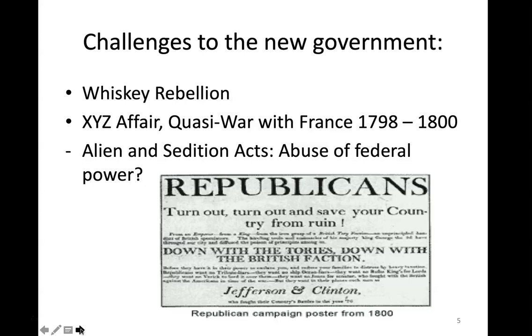Okay, so you also see the XYZ affair there listed. And that is because John Adams, who was the president during this time, in order to be involved in diplomatic talks with France about this brewing war, sent over some American delegates to meet with French diplomats, but they were basically ignored.